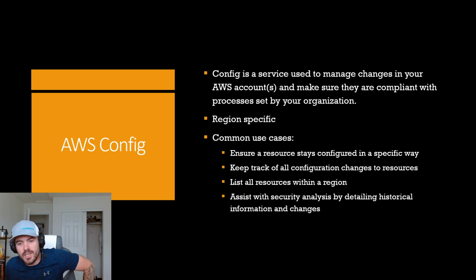You can use it to list all the resources within a region. You can use it to assist you with security analysis by detailing historical information and changes, which can be helpful for multiple reasons, like maybe auditing or, again, compliance reasons, okay? They really like to associate Config with compliance, so that's the main use case I like to remember it for, all right?